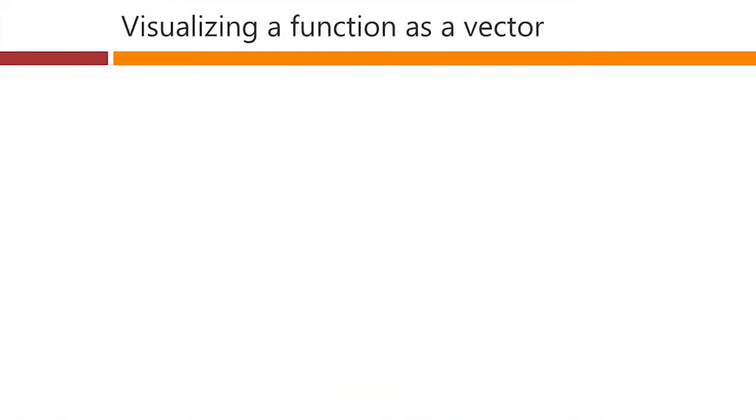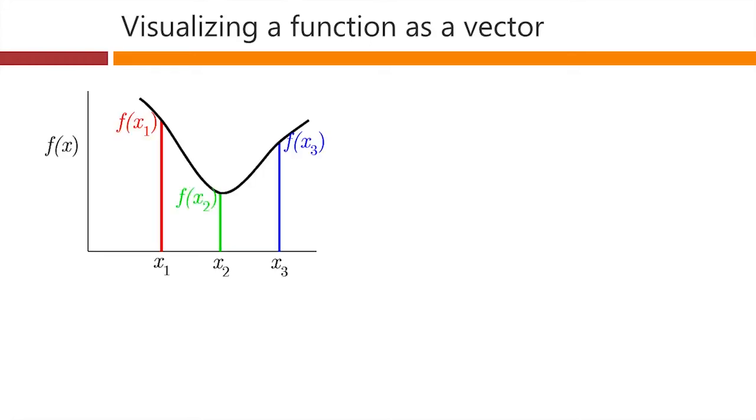Now, we can visualize a function as a vector. We've drawn a mathematical vector as just a column of numbers here, but we also think of a vector as a geometrical vector. So imagine that we have a function, f of x, and I'm just drawing the function out first of all as this black line, and then I'm marking 3 points on the function.